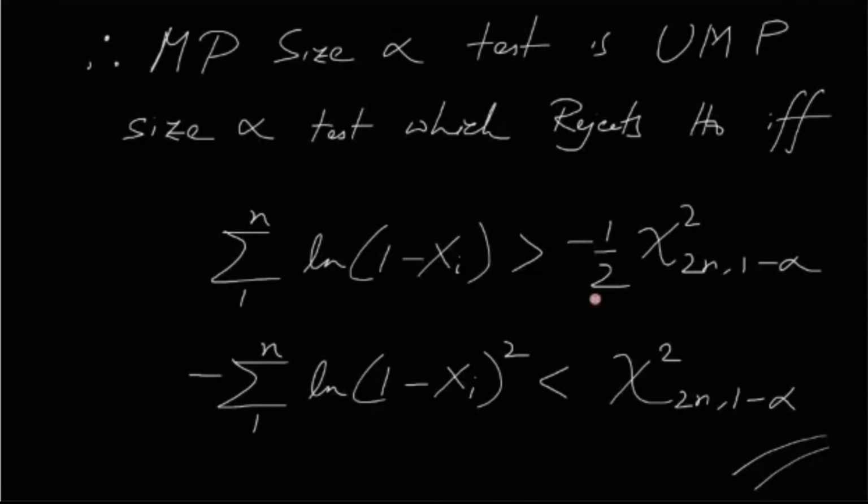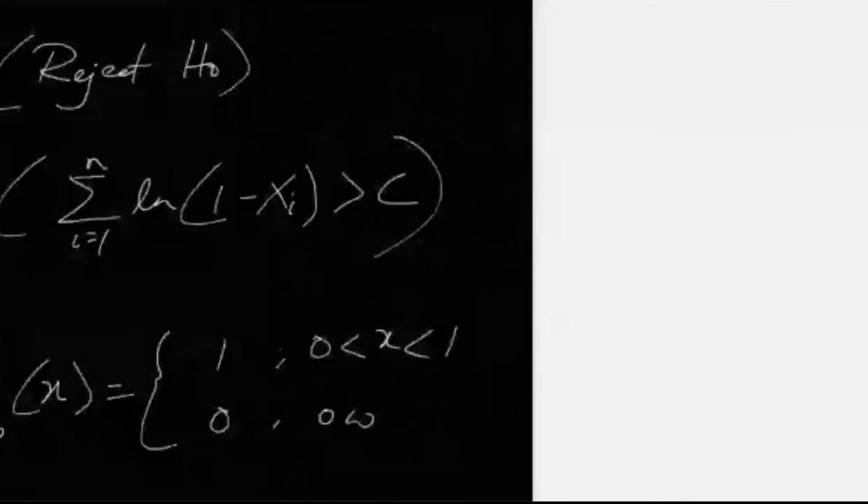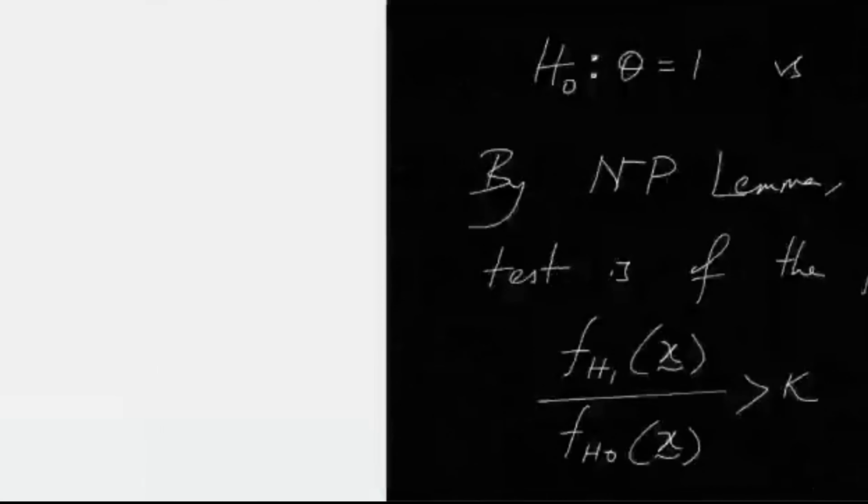The 2 moves to the LHS, and being a log, it just takes it to the power of 1 minus xi. So ultimately it's minus summation i running from 1 to n natural log of 1 minus xi whole square less than chi square 2n comma 1 minus alpha. So this is the rule. So this is the UMP test of size alpha, right?